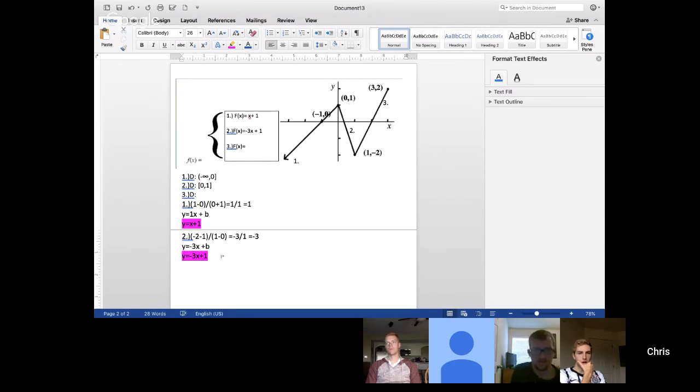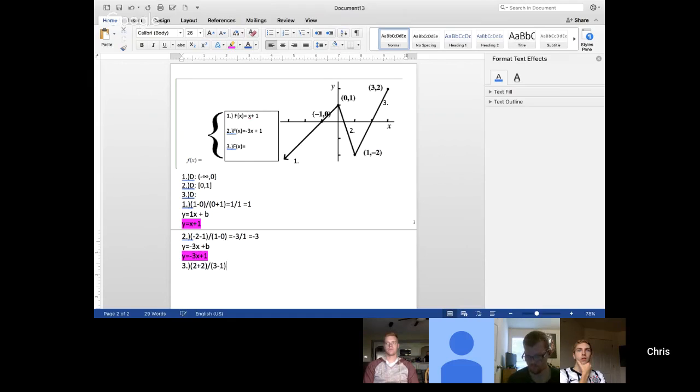Okay. And round 3. So y2 is 2, and we want to subtract y1, which is negative 2. So we're going to add 2. And we're going to divide that by x2 minus x1, which is 3 minus 1.